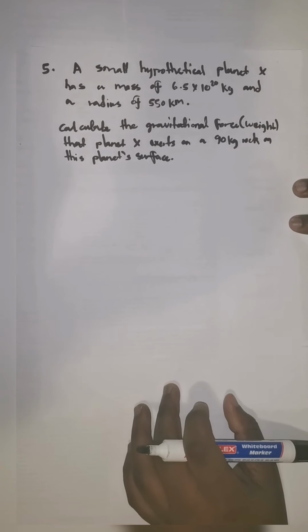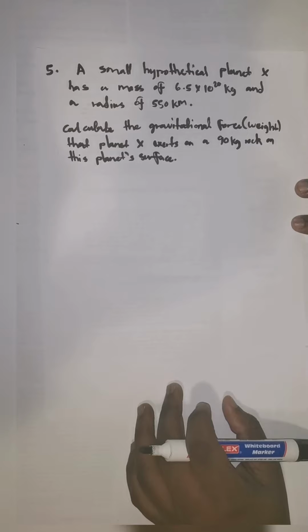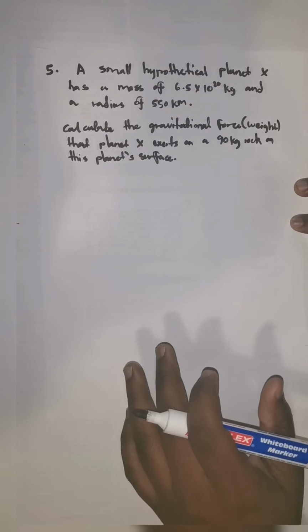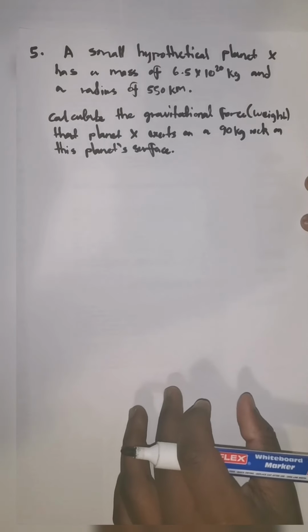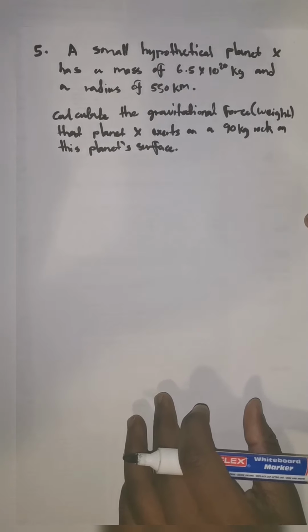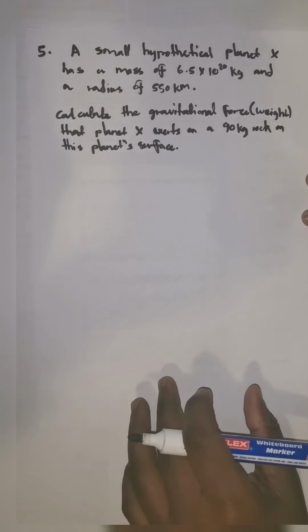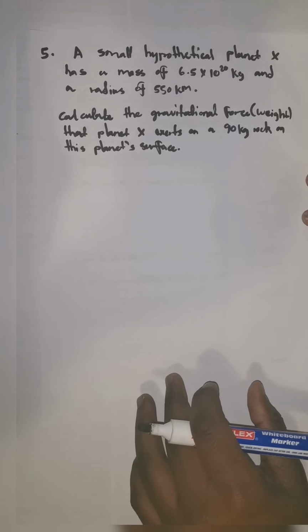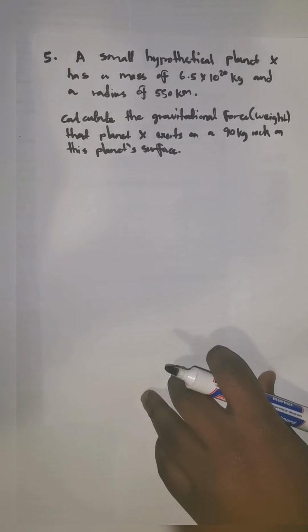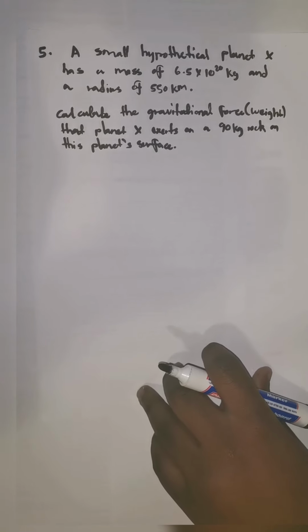And now for our final question, which has absolutely nothing to do with the previous questions. We're told that a small hypothetical planet X has a mass of 6.5 times 10 to the 20 kg and a radius of 550 kilometers, right?